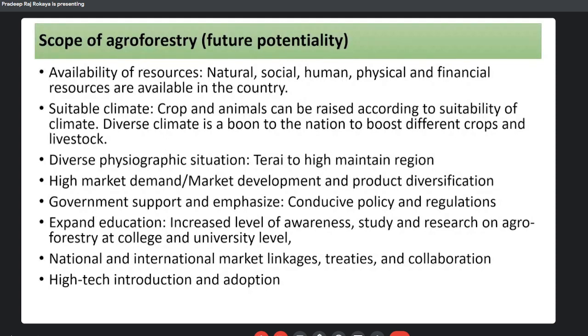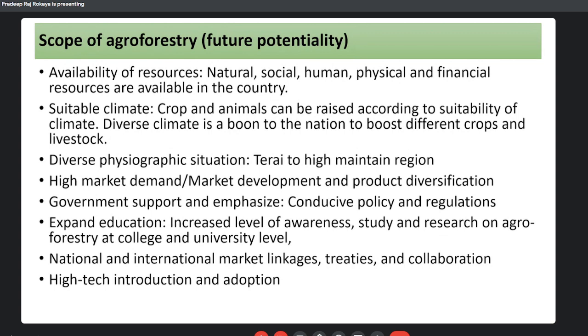Government support and emphasis: the central government, federal government and the local government, each government has emphasized agroforestry systems.